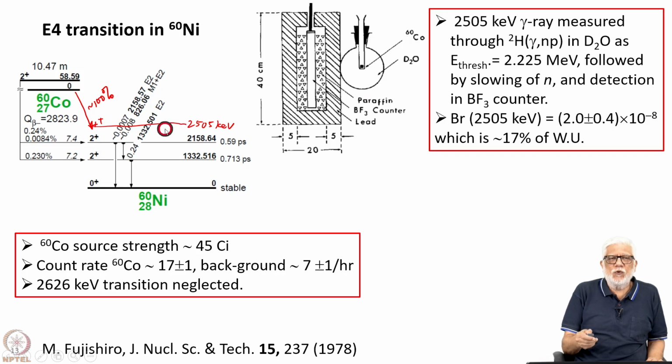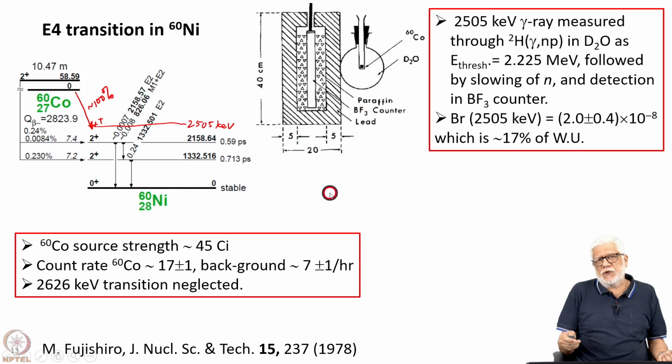This experiment actually looked for the E4 transition, and how did they do that? If you put any detector, it would of course be swamped by the 1173 and 1332 keV gamma rays. So a smart idea was to actually put a very strong source in heavy water.